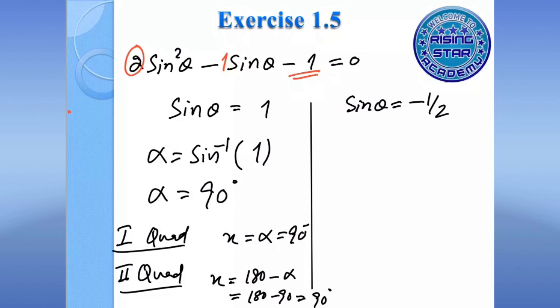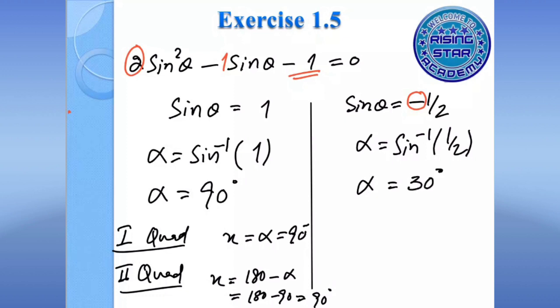Now for the second part, we will again take alpha with sine inverse of half, because this negative sign shows that the sine is located in the third and the fourth quadrant. So we'll take sine inverse of half, so my alpha would become 30 degrees in that case.